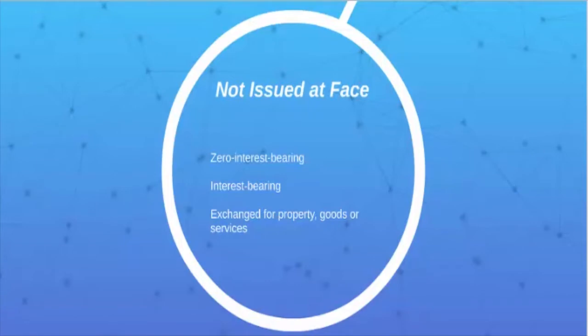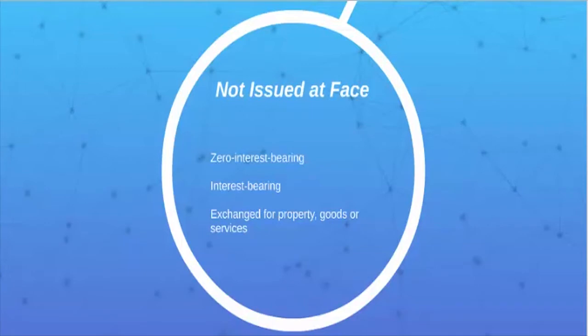If you have something called a zero interest-bearing note, then the present value is the cash that's paid to the issuer. So you know the cash that was paid, and you know the future value, the actual face of the note, so we can compute what's called an implicit interest rate and figure the interest rate out.